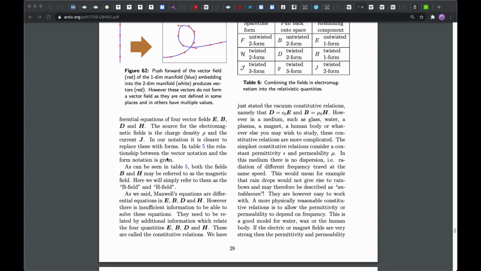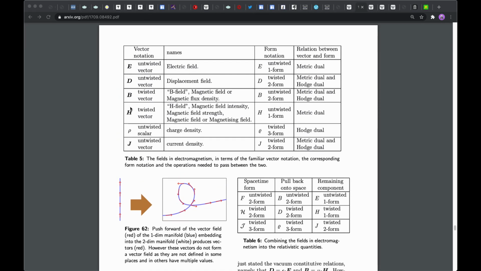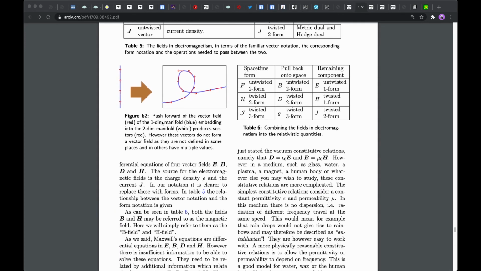Okay, so we have 4 main ingredients here, E, D, B, and H, and as far as we know, those are connected by the constitutive relations, which in the vacuum are like that. So flux equals some kind of constant multiplied by the field strength, and that's the same situation for the magnetic field here.